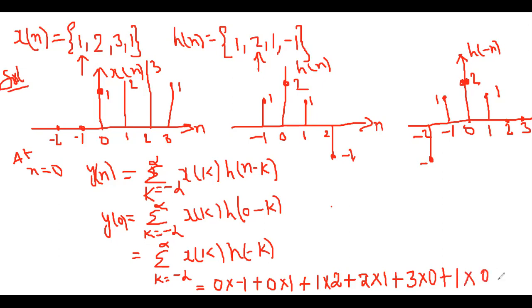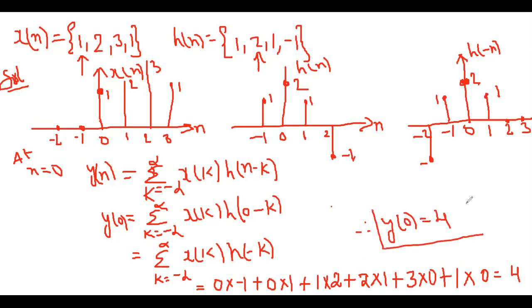So wherever n is from minus 2 to 3, you can multiply and add the values. The first two terms are 0, the third term is 2, the fourth term is 2, and the fifth and sixth are also 0. 2 plus 2 is 4. So y of 0 is equal to 4.